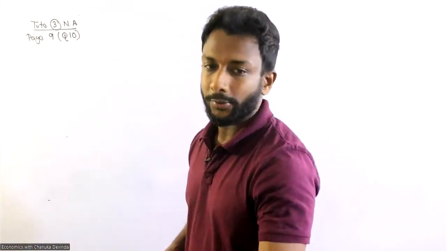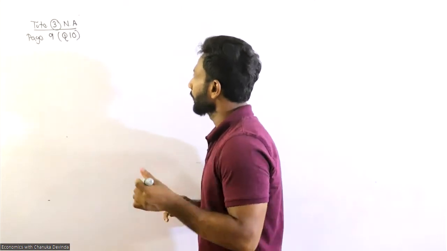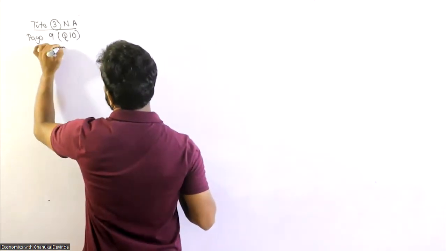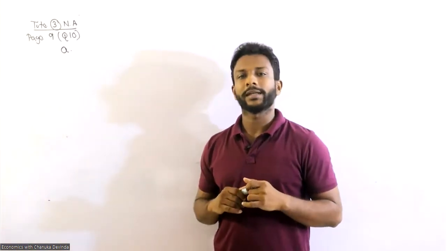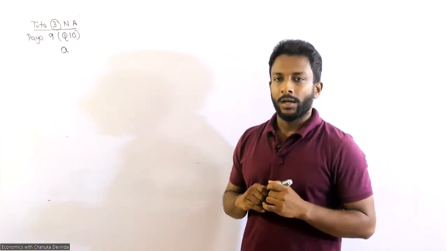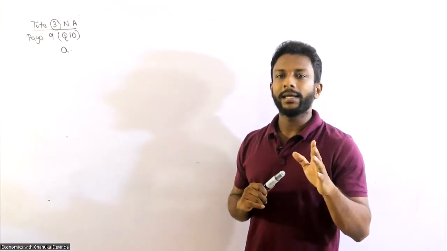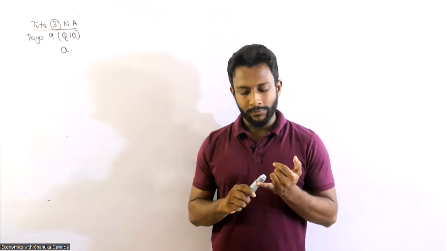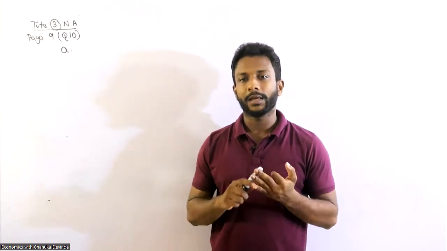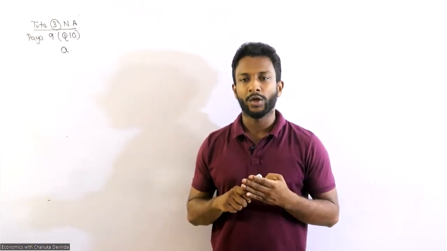What we have to calculate is net operating surplus. First one, A, net operating surplus. How to calculate net operating surplus? We know there are mainly 4 factor incomes, right? The 4 factors are land, labor, capital, and entrepreneur.